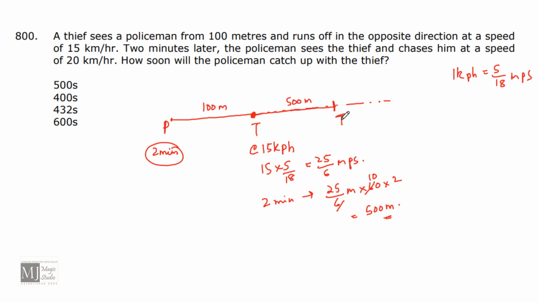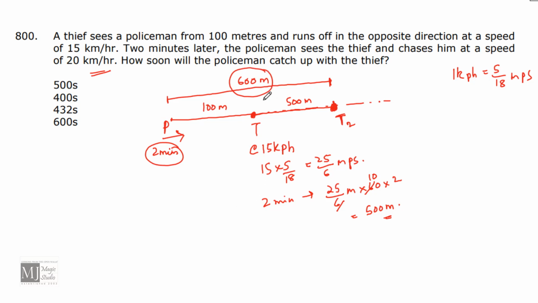That means this is T2. This is the position of thief when P starts chasing. 2 minutes later, the policeman sees the thief and chases him at a speed of 20 kph. Now the distance which P needs to cover up to catch T2 is relatively 600 meter.